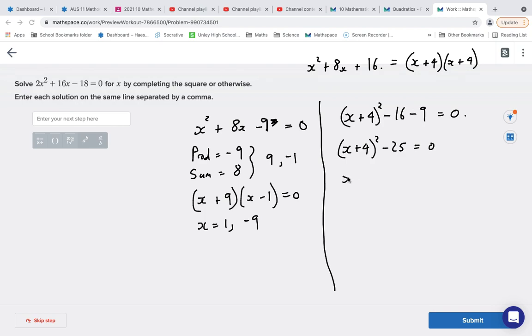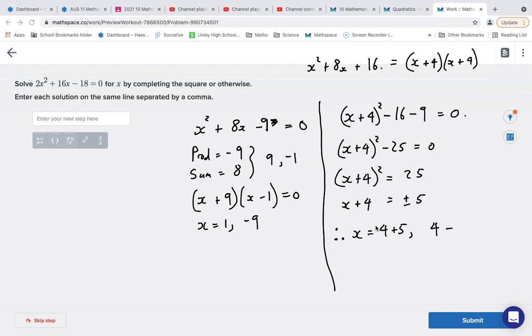At this point, I would probably solve it like this. Okay, square root both sides. Don't forget the plus and minus. Therefore, x equals 4 plus 5 or 4 minus 5.